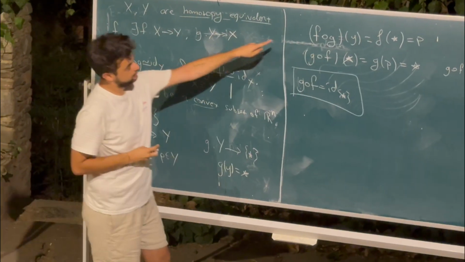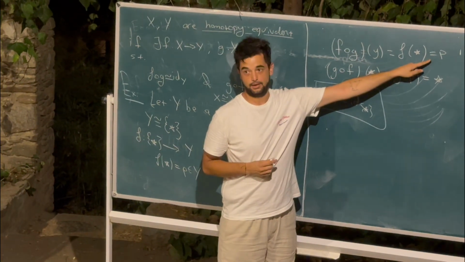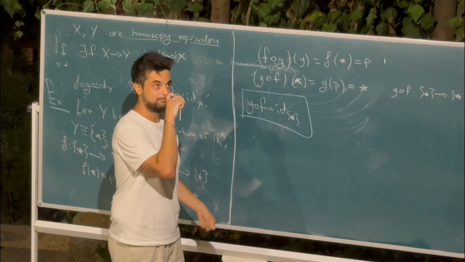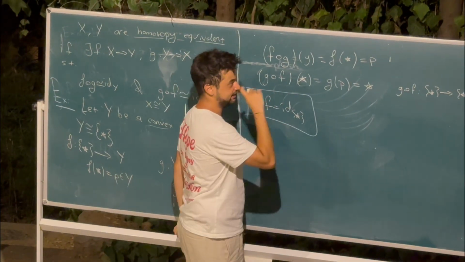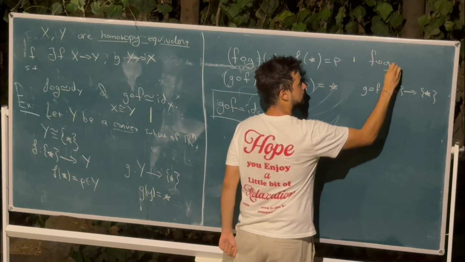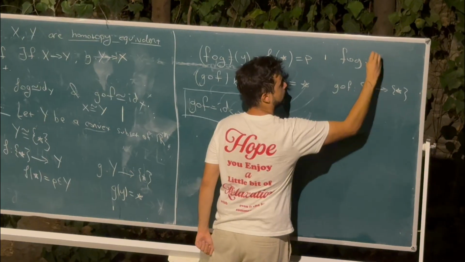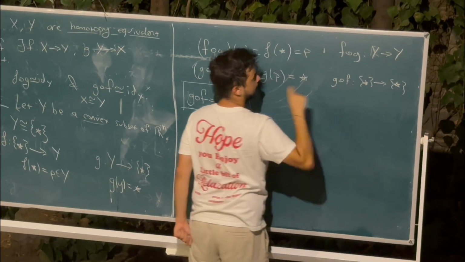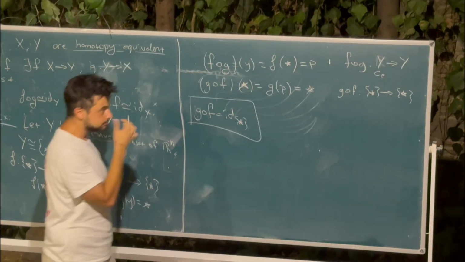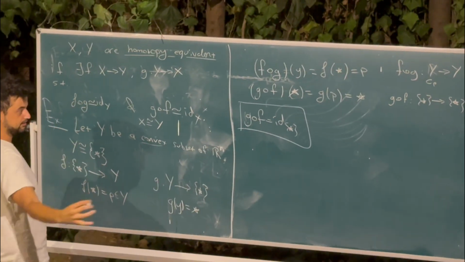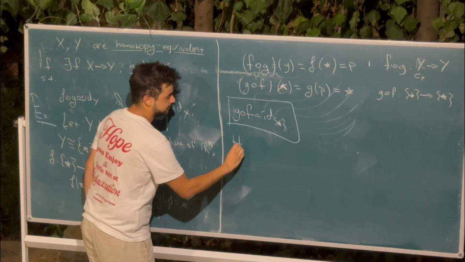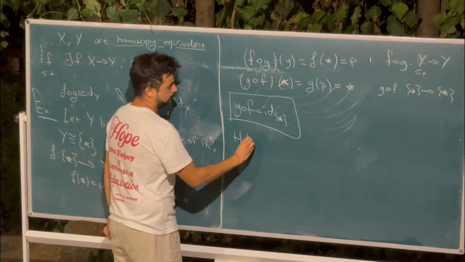But for this, well, this is not the identity map. It's very far away from being the identity map because it's the constant map. So this is a map from Y to Y, and it's the constant map, sending everything to p. Let's try to homotope this. Let's try to come up with a homotopy.